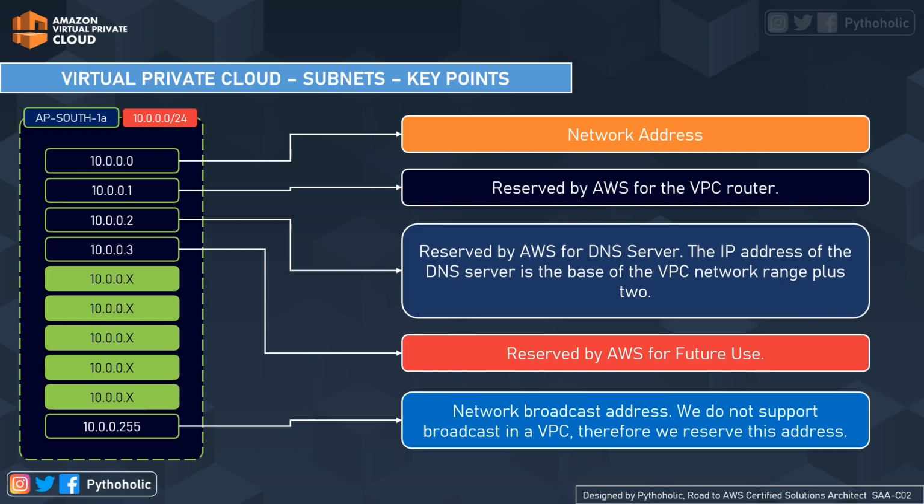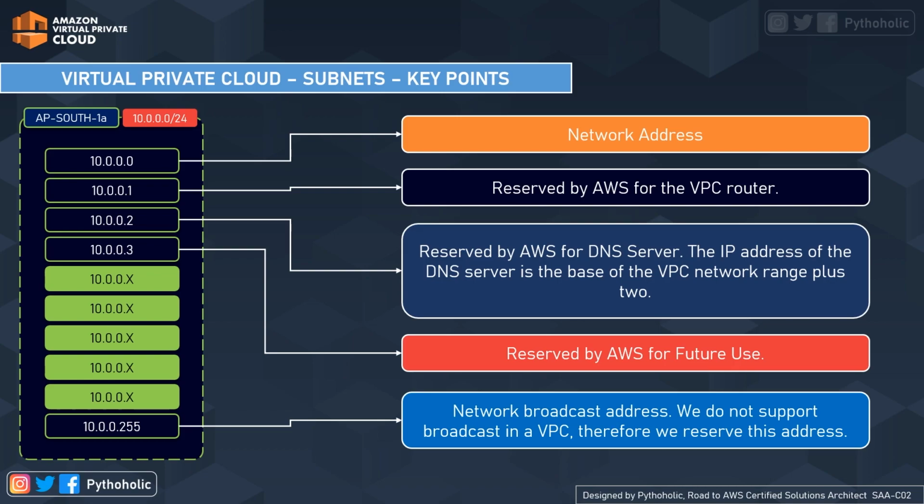Okay, so the first one is reserved for the network address. The second one is reserved by AWS for the VPC router. The third one is reserved by AWS for DNS servers. So the IP address of the DNS server is the base of the VPC network range plus 2. So what did you understand from this?